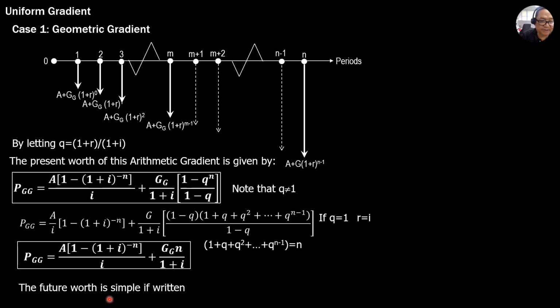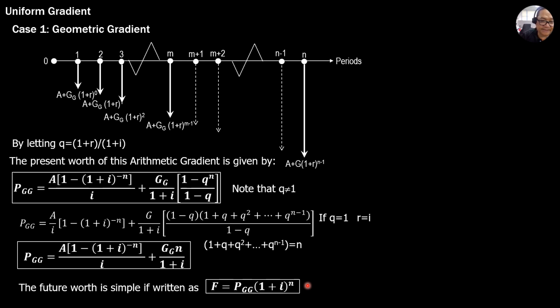So the future worth is simple if written as simply P sub Gg times 1 plus I to the n. And I will not provide you with the formula. You just multiply the whole of this by 1 plus I to the n.